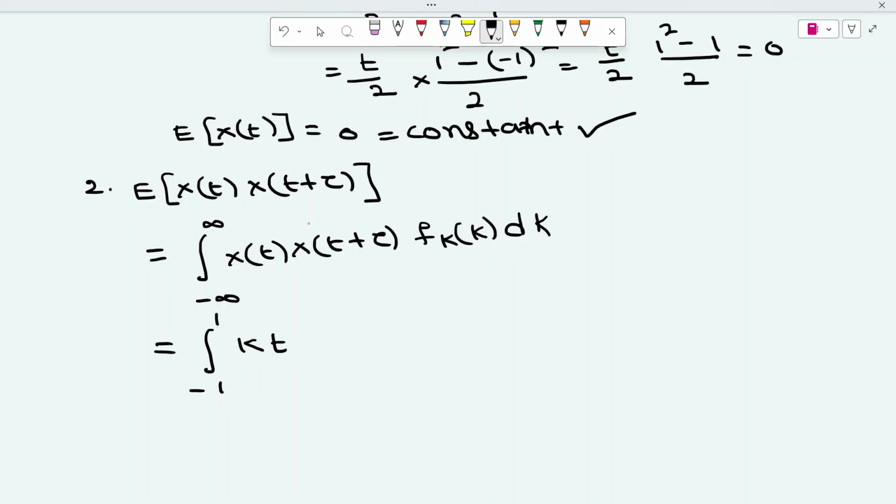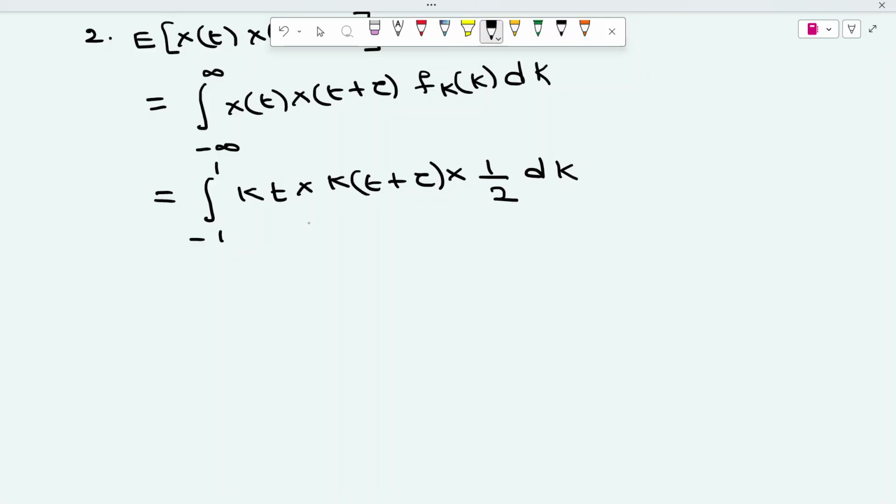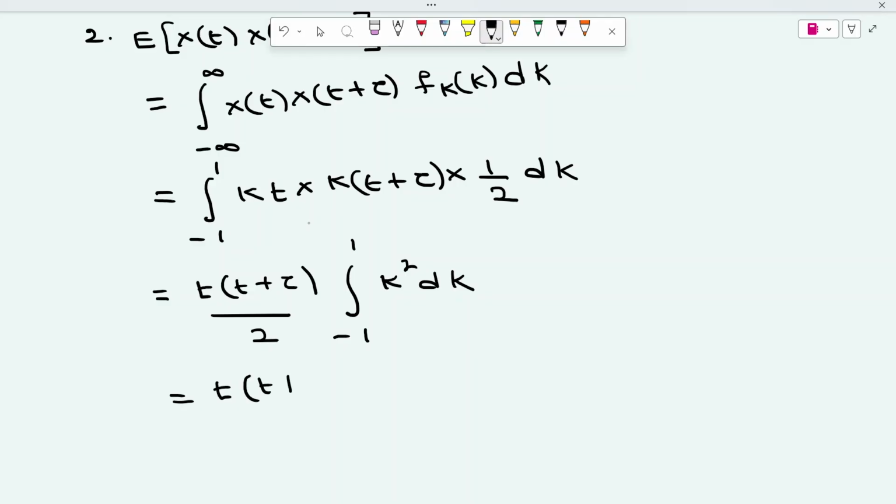So kt into x of t plus tau means k into t plus tau, and f k of k is simply 1 by 2 dk. Here t and t plus tau are simply constants because the integration is with respect to k. So we can take t into t plus tau by 2 outside, and the integral from -1 to 1 of k into k, which is k square, dk.